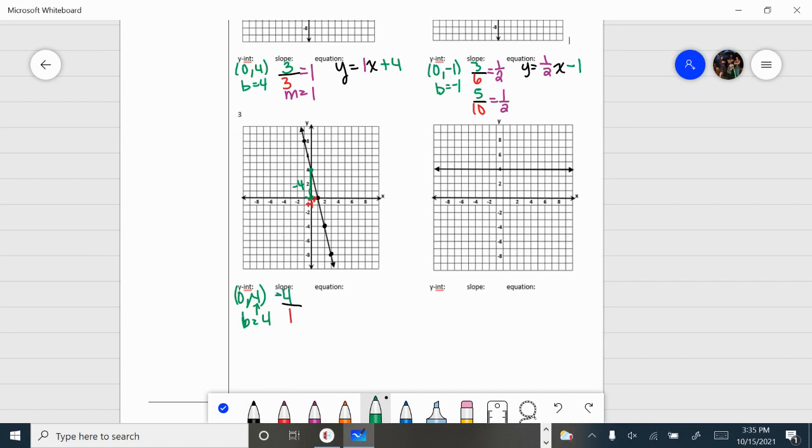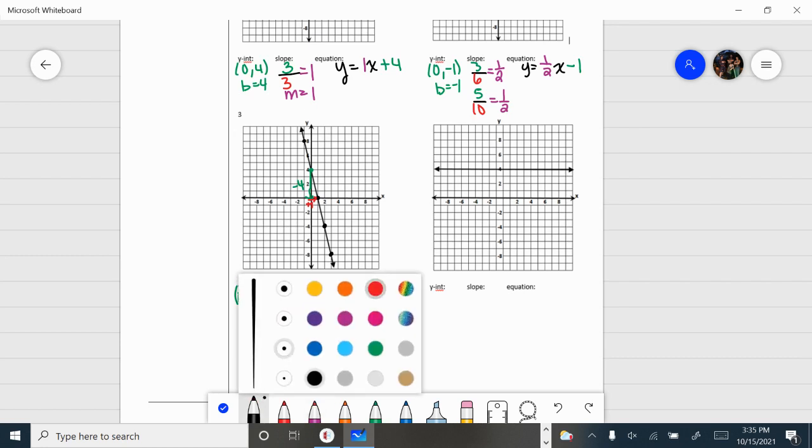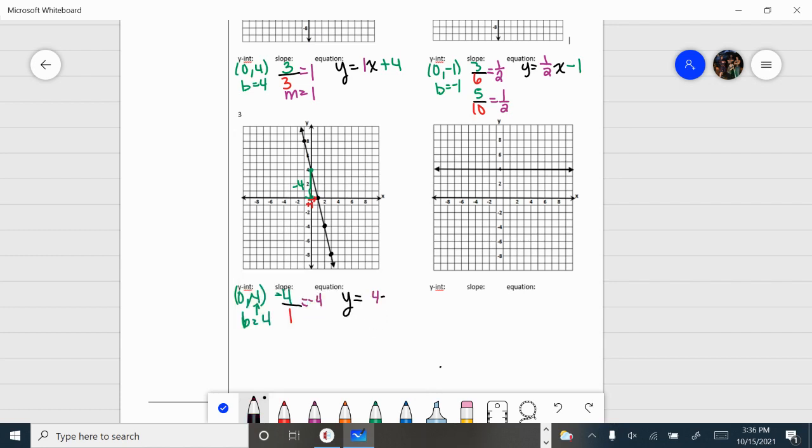That should be a -4 because I'm going down. So -4 over 1 is going to give me a slope of -4. So in my equation, we have y equals -4x plus 4. Excuse me, guys, sorry about that. And my negative disappeared on me. There we go. Negative 4x plus 4.